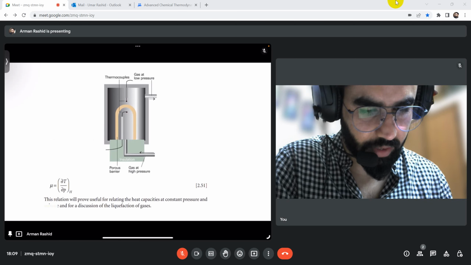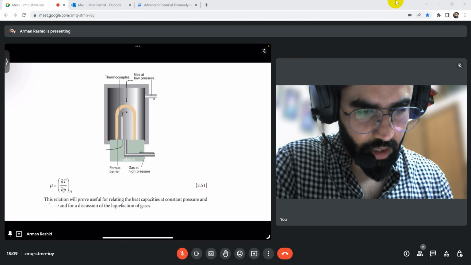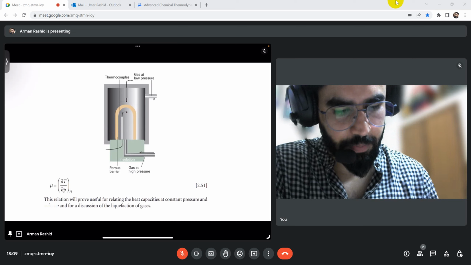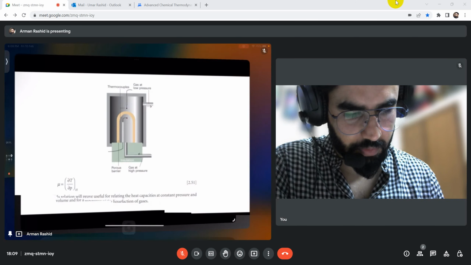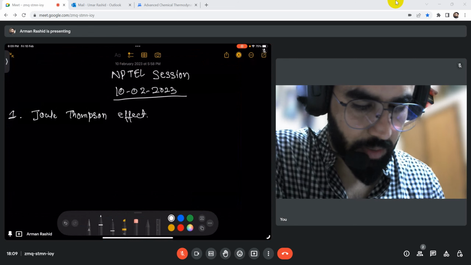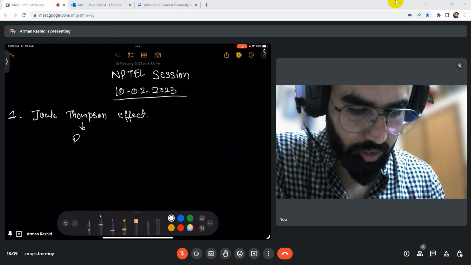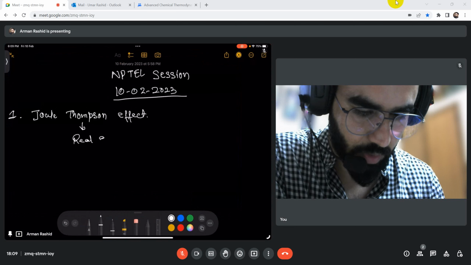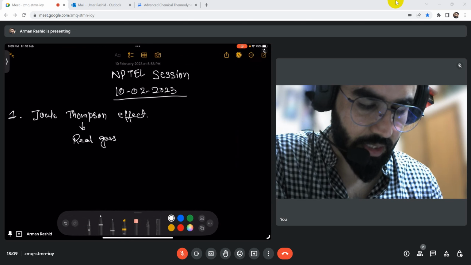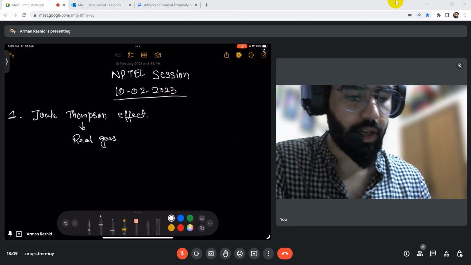The Joule-Thomson effect is only possible in the case of real gases, because it is shown by gases that have molecular interactions.